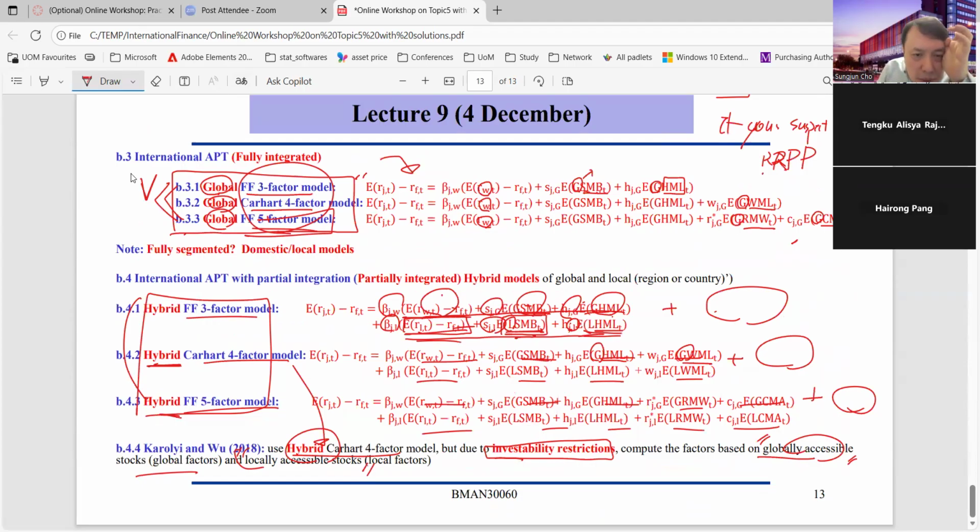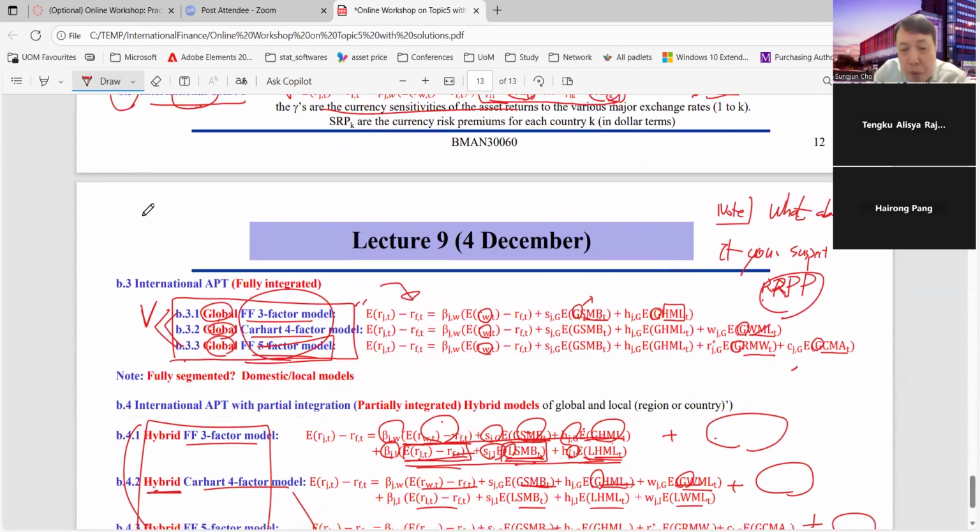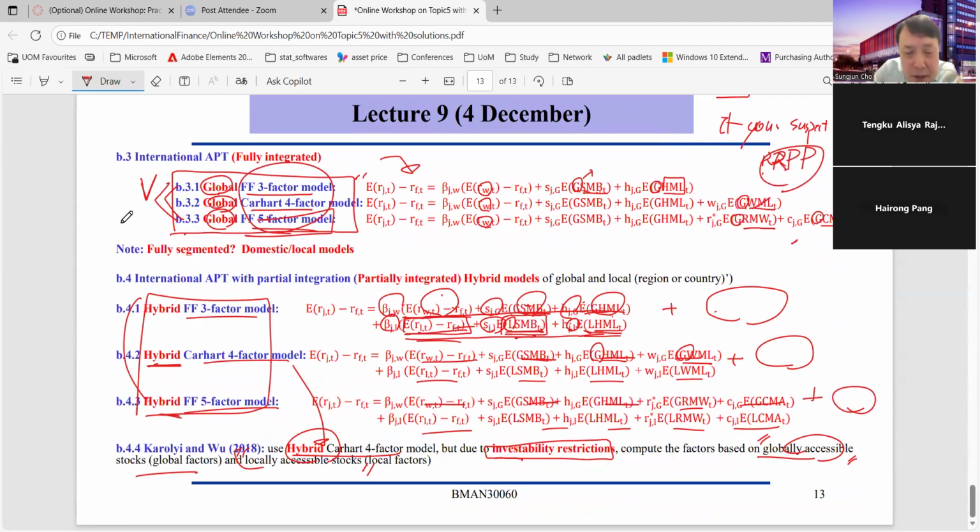But if you suspect maybe relative PPP doesn't hold between the US and UK, then you may want to add some currency risk premium, just like this one in your model. That could be your benchmark model. But in this special question, we are thinking about 100 companies in China. Now, when you think about China, maybe Chinese stock markets are not fully integrated with the world market. Then perhaps the hybrid model could be a better benchmark model. Then you need to come up with one of these models. And if you suspect RPPP doesn't hold, you can also add the currency risk premium part here.